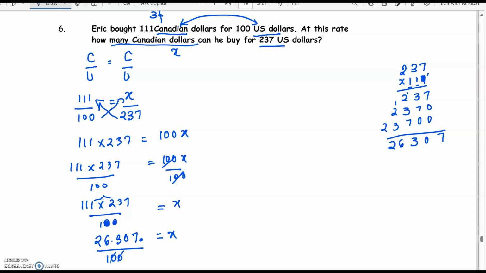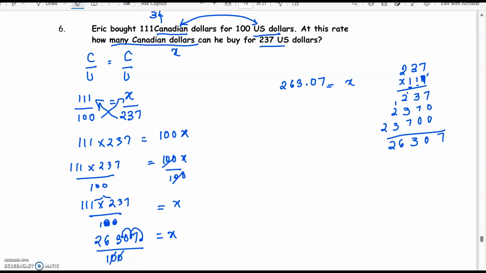Every 0 in the denominator, which means if we divide by 100, we shift the decimal point 2 places to the left. So it's going to become x equals 263.07. This looks like a decimal point. Let me see if I can erase it. It's not a decimal point.